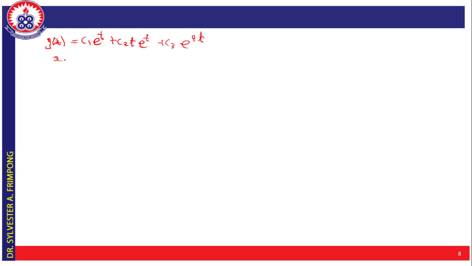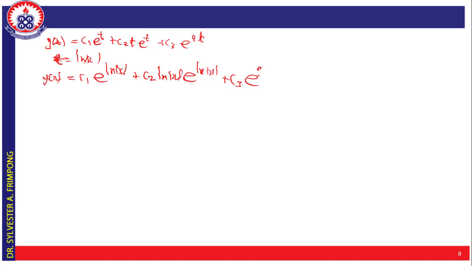And because of the transformation t equal to ln x, we can therefore have y of x equal to c1 e raised to the power ln x plus c2 ln x e raised to the power ln x plus c3 e raised to the power 2 ln x.